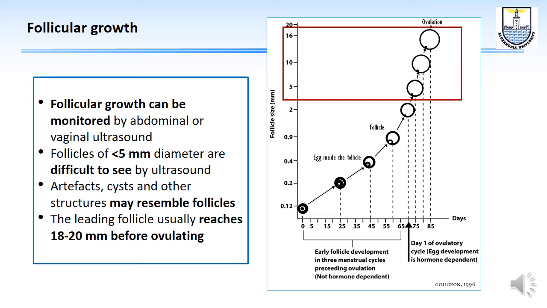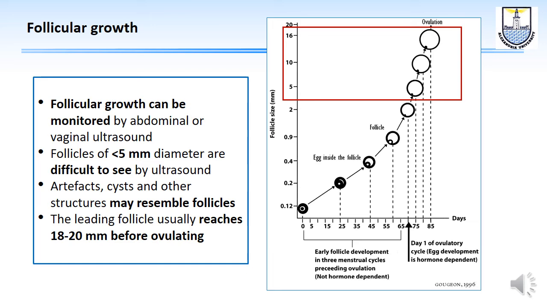As we remember, the follicle which is going to ovulate has started growing at least 85 days beforehand, according to the work of Gougeon in 1996, as you can see here. Therefore, we can only see by ultrasound the follicles which are about 5 millimeters and so on, starting from the beginning of the active cycle we're talking about.